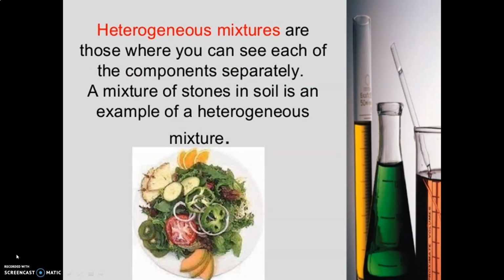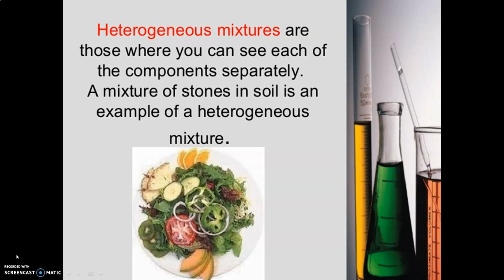Now opposite of homogeneous goes heterogeneous mixture, where you can see each of the components mixed. Okay, example, you make salads, right? It is a mixture of various things like cucumber, then you have onions, you have tomatoes, but you can see them clearly, right? You can make out, okay, this is this, and so on.